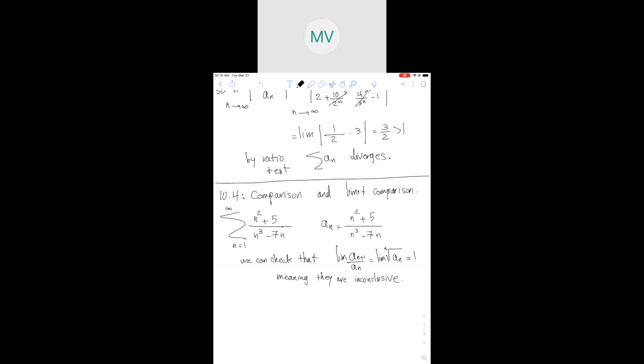It doesn't tell us if it diverges or converges. These two tests as n approaches infinity.